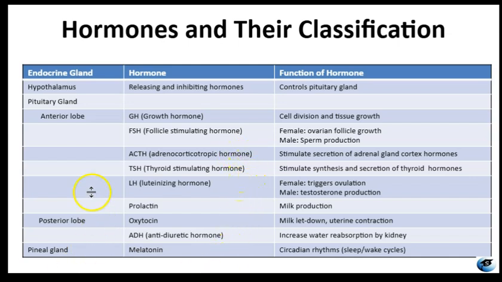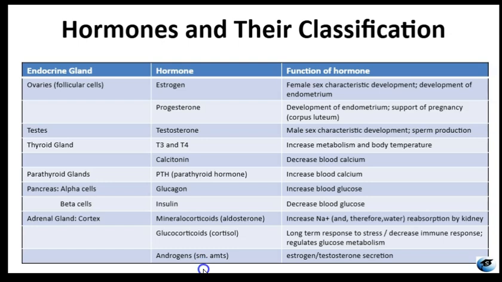You're going to want to know these, and not only their names, but also their abbreviations, and also what organs or structures produce them and what their target is, what's their function. This first table here has water-soluble hormones, the ones that cannot enter the cell membrane. This slide here is going to be the ones that are derived from steroids. So they are lipid-soluble and they can pass through the cell membrane.